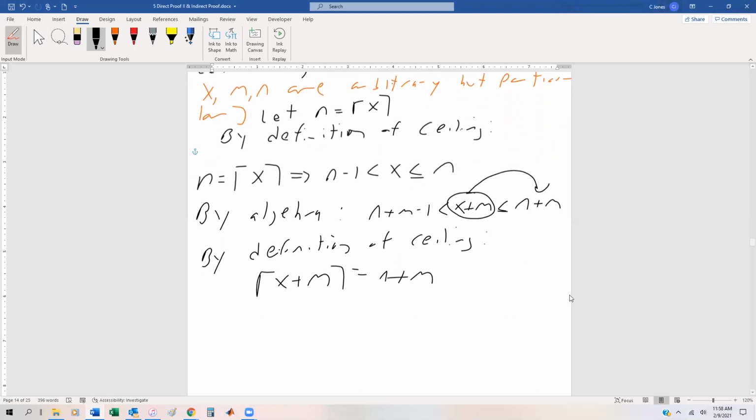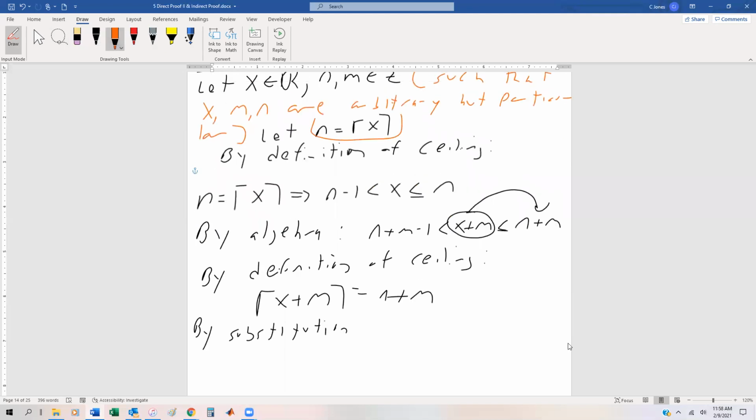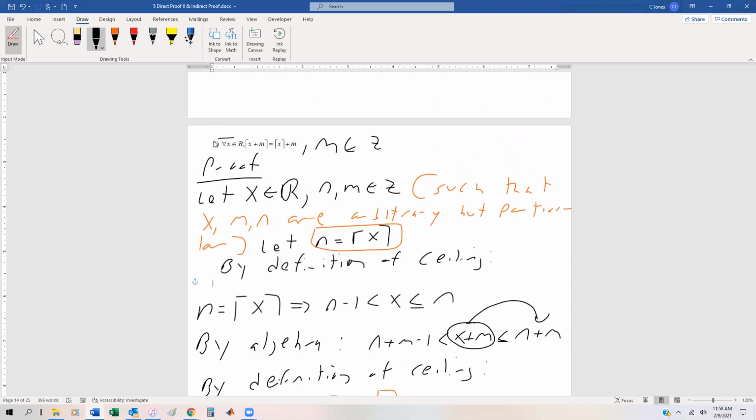And then finally, by substitution, because remember last time what we did was we substituted, we said that since n is equal to the ceiling of x, we can just substitute that right here, and we would get the ceiling of x, and everything else would be the same. So this would be the ceiling of x plus m is equal to the ceiling of x plus m. And that's exactly what we wanted to prove. We wanted to prove that the ceiling of x plus m is equal to the ceiling of x, and then plus m on the outside of the ceiling.